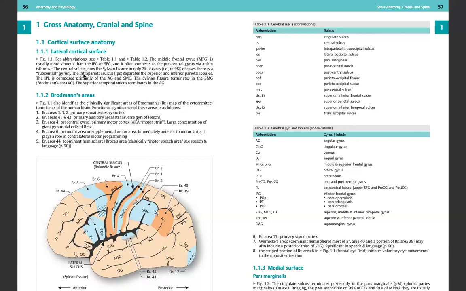So here they mentioned that the middle frontal gyrus is usually more sinuous than the inferior frontal gyrus or superior frontal gyrus. It often connects to the precentral gyrus via a thin isthmus. So precentral gyrus, middle frontal gyrus. This location here where my cursor is, is the isthmus. I don't know if my cursor is visible.